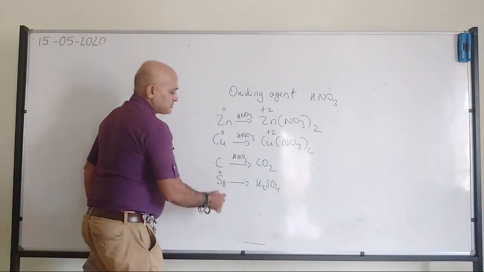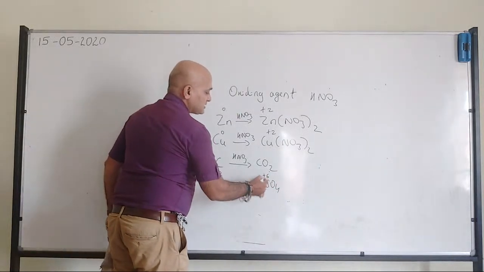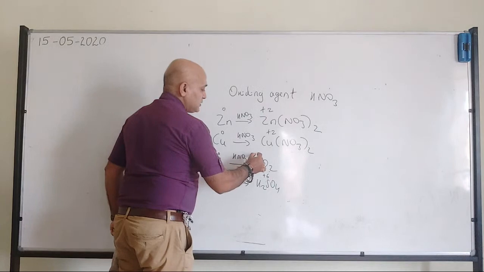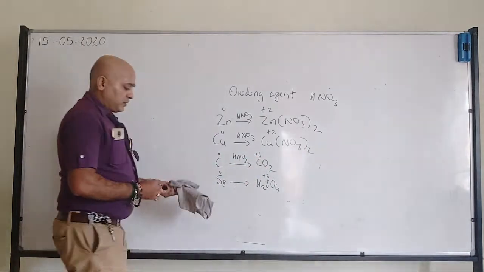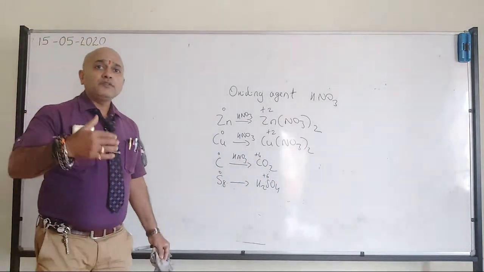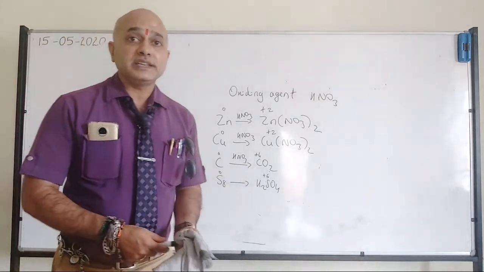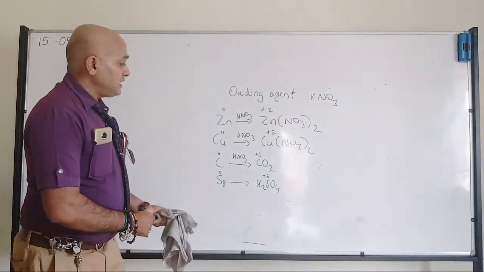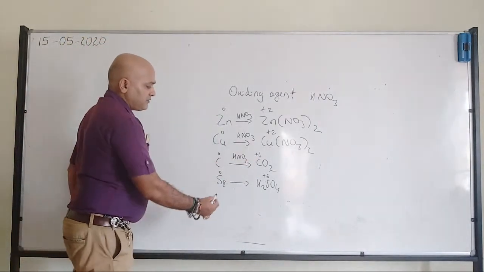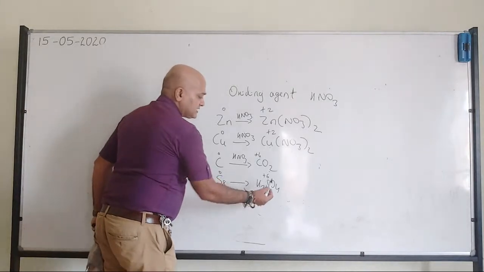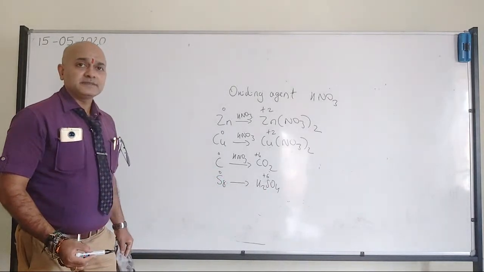So that means from 0, it is becoming plus 6. Carbon from 0, it is becoming plus 4. All of them are going to the highest oxidation state. For example, for sulfur, the highest oxidation state is plus 6.